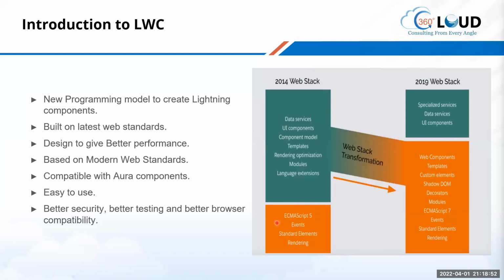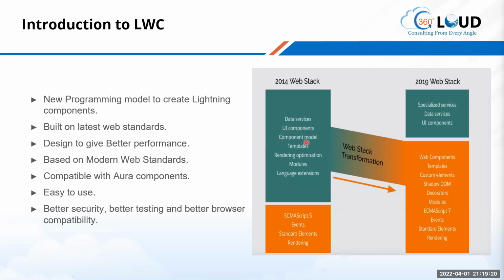In the orange, like ECMAScript 5, they had just events, only standard elements, and just rendering. They were missing data services, some UI components, and a component model. We had to create our own framework, like Node.js, Aura components, and then the web standards have to understand this framework.